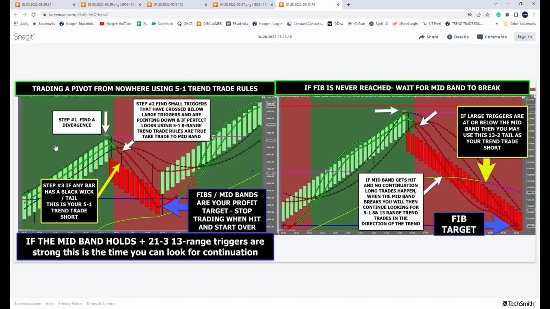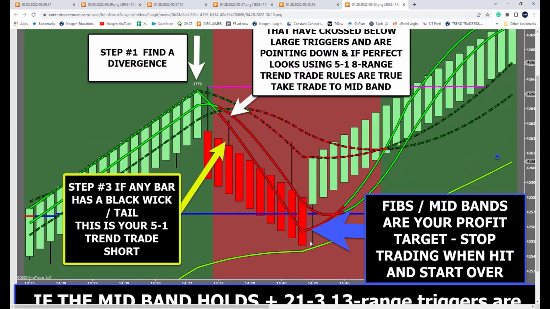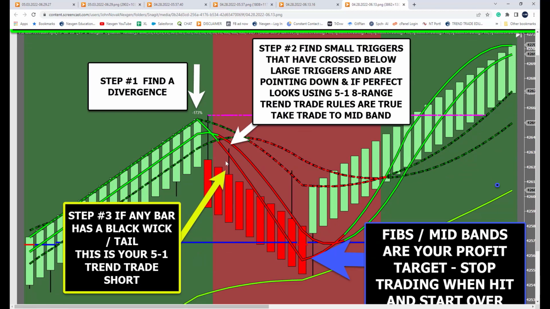There's one more that I have that, again, we talk about the trend ending and we're going to make it to the mid-band and fibs. Well, if you get a 5-1 trend trade or something that looks good after divergence, so trade down to the continuation area, and then if you get long signals, you can trade off of it.